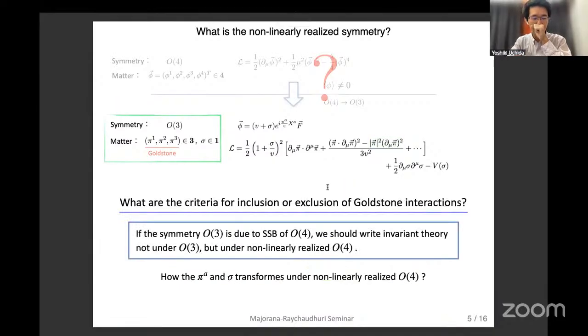And actually, this is a very important concept of the nonlinearly realized symmetry. So this is a very important statement. If the symmetry O3 is realized due to the spontaneous symmetry breaking of the larger symmetry O4, then we should write an invariant theory not under the O3 symmetry, but under the nonlinearly realized O4.